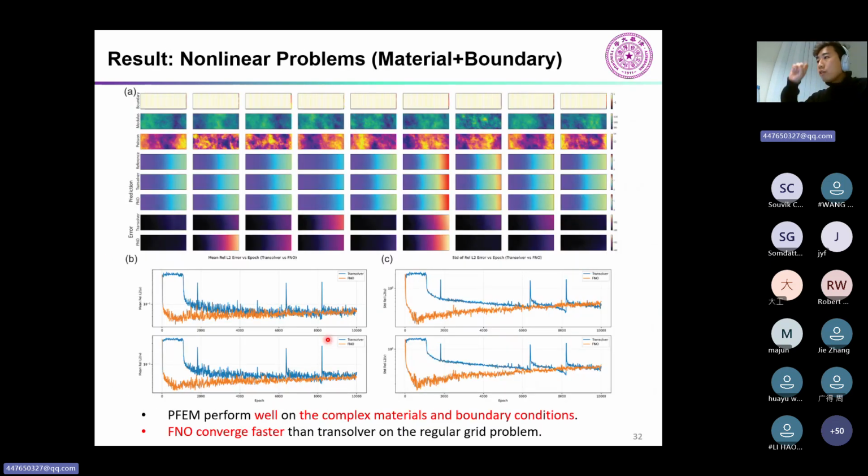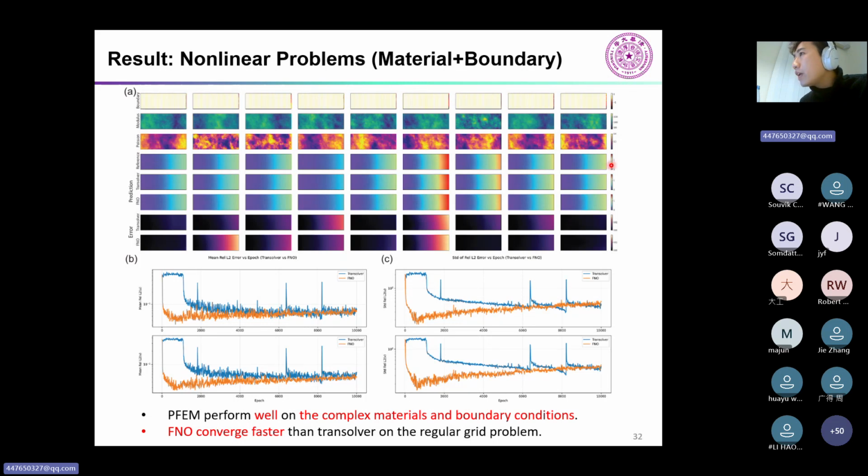Okay, so let me show you the first numerical result of the nonlinear problem. As you can see, this is our result. Our prediction, we also compare to FNO. As you can see, the first line is the boundary matrix, and the second one is the modulus matrix. The third one is the Poisson distribution.